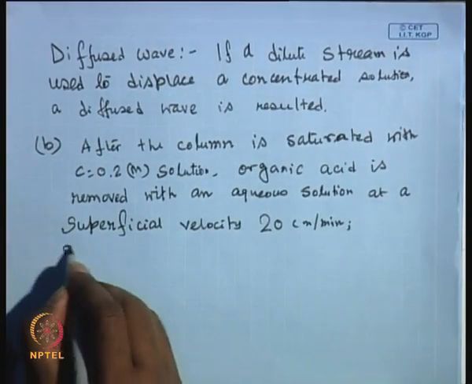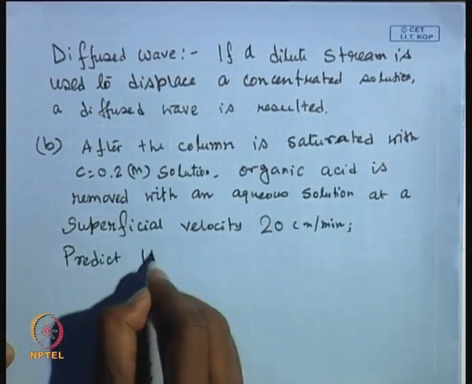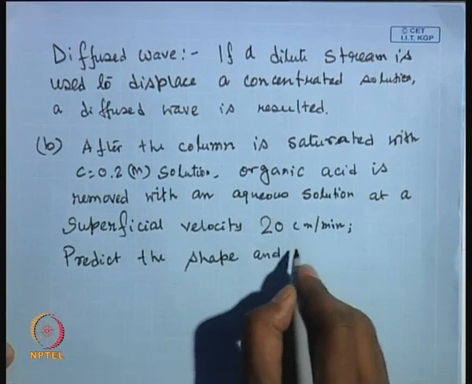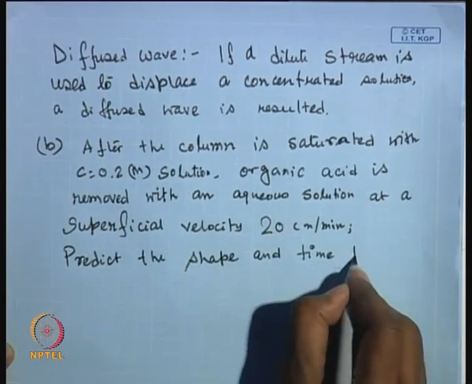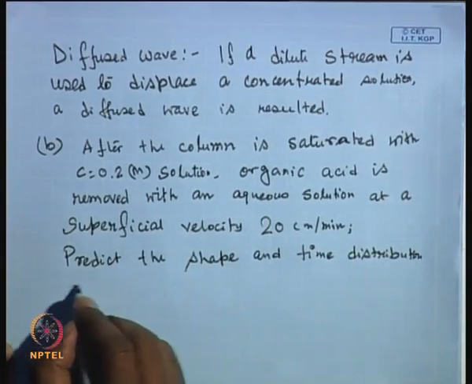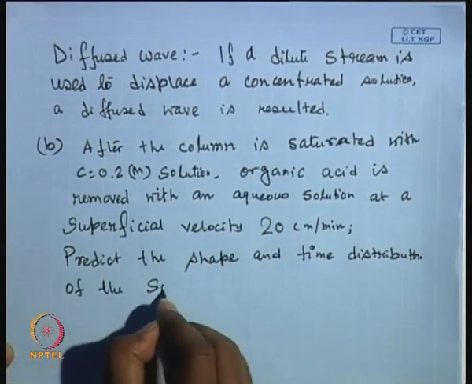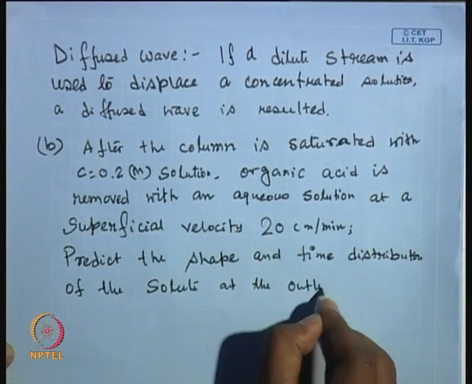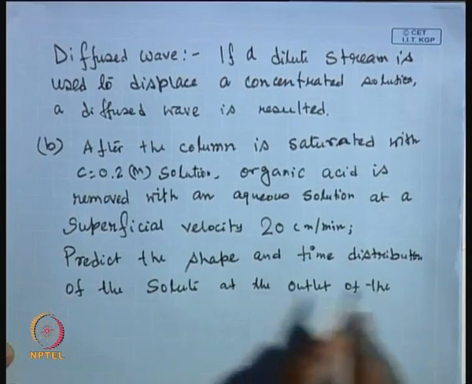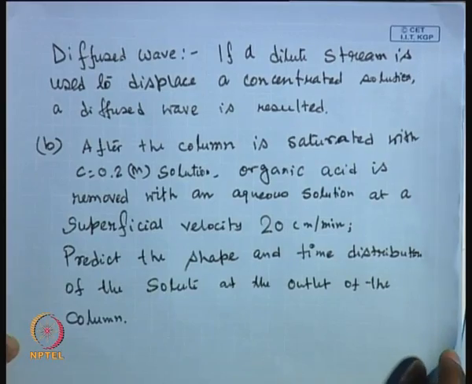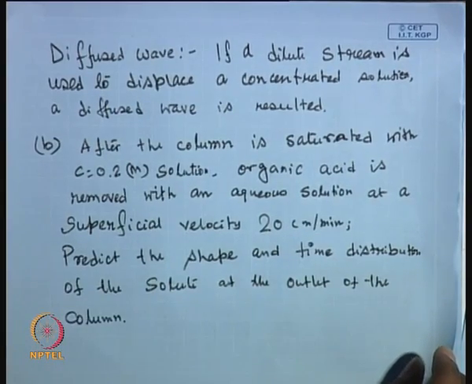Then predict the shape and time distribution of the solute at the outlet of the column. Okay. So, the first part concerns the shock wave, the second part concerns the diffused wave. So, let us look into the solution.